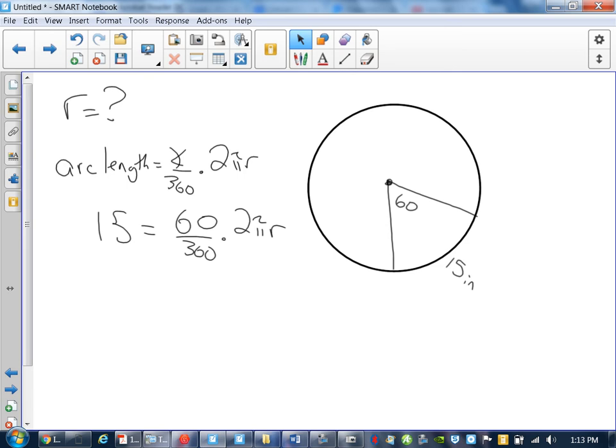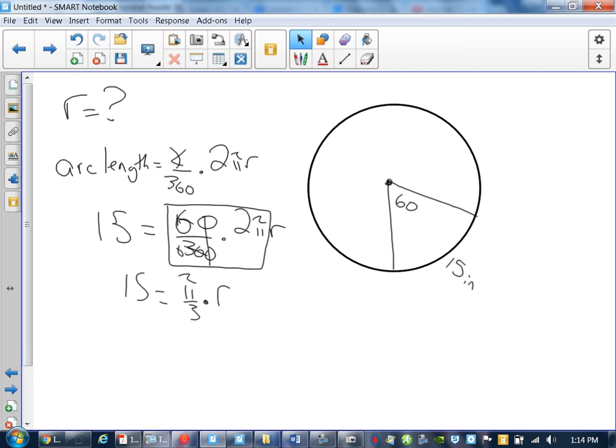Your calculators will multiply out this first chunk for you. So if you put in your calculator fraction bar 60 over 360 times 2 pi, it should say 15 equals 16 pi over 3. It should do that. I believe so. Yeah. Okay.